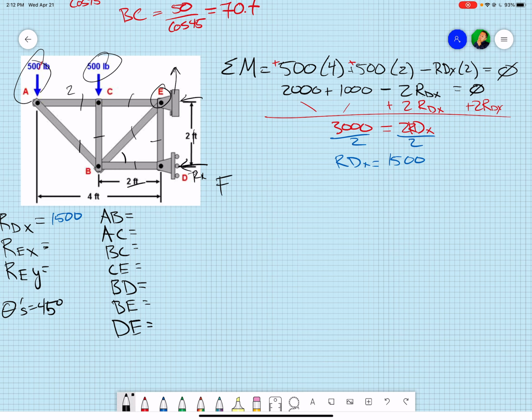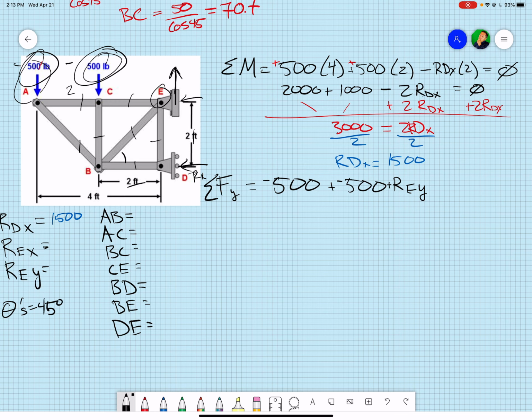All right, now, next thing is we're going to be doing the sum of the forces. Let's do the sum of the forces in the Y. So forces in the Y for the whole thing. What forces do we have? Well, we have a 500 here, another 500 there. Both of these are pushing down, so I'd make both of these negative. And the only other force that we see in the Y direction, which is fighting it from falling down, is that REY.